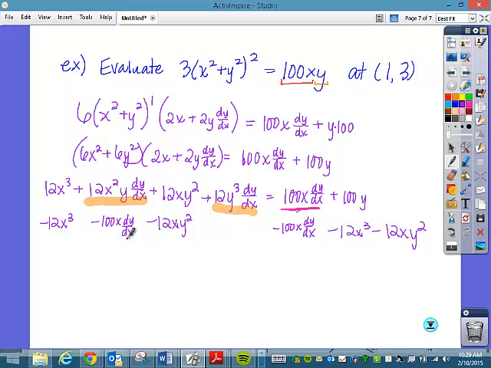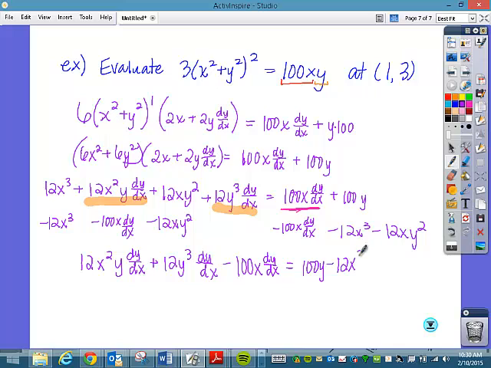So this will give me 12x squared y dy dx plus 12y cubed dy dx minus 100x dy dx equals 100y minus 12x cubed minus 12xy squared.